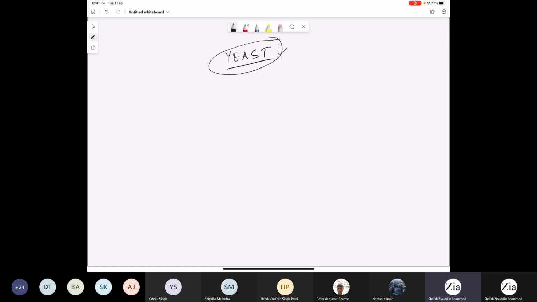Similarly, in different food supplements we use yeast extract. In different food materials as well as in other pharmaceutical products, we also use yeast extract as a flavoring agent, to enhance the flavor.